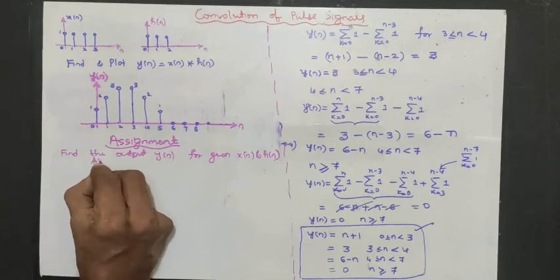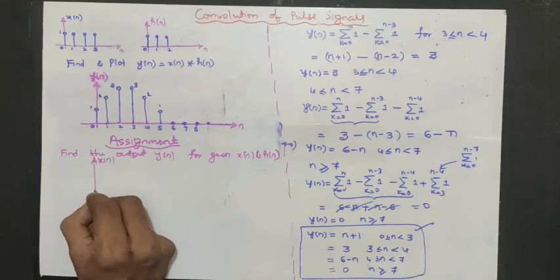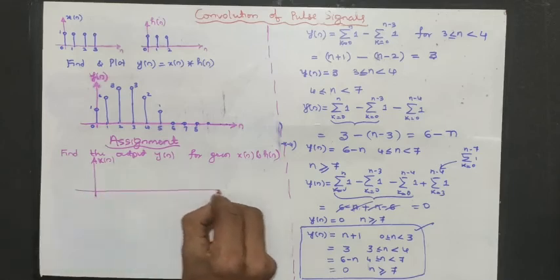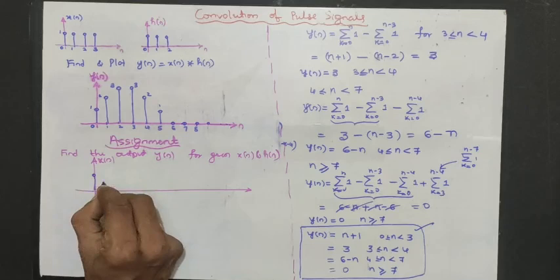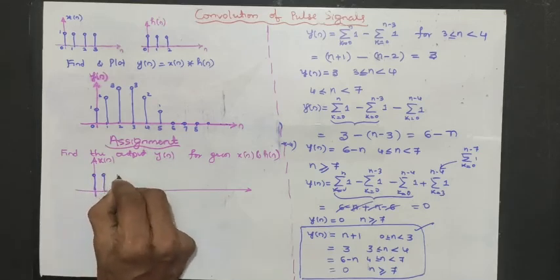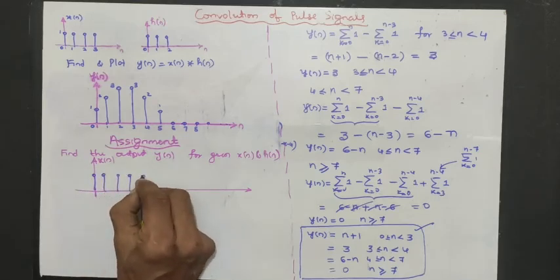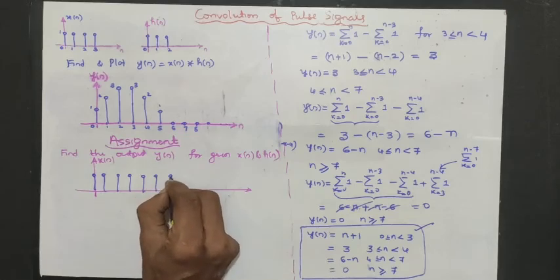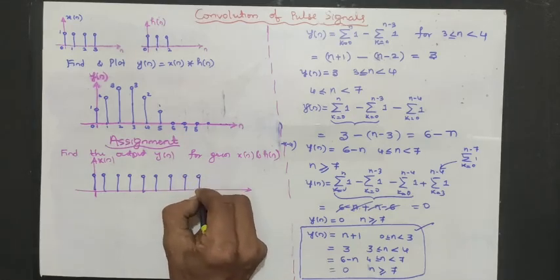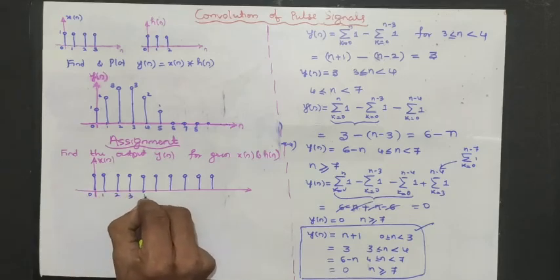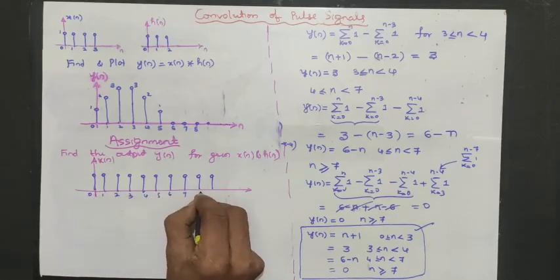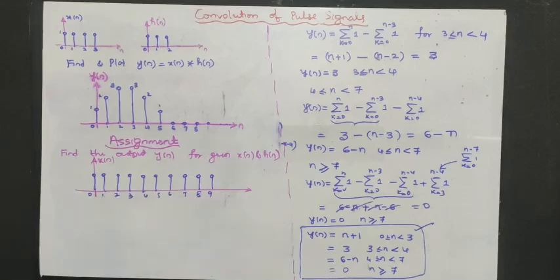This is x of n, with samples plotted over 0, 1, 2, 3, 4, 5, 6, 7, 8, 9. This is x of n.